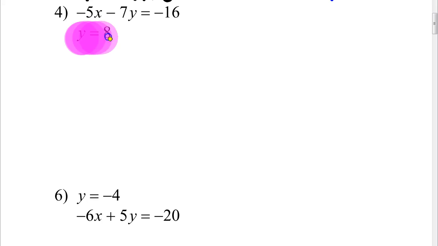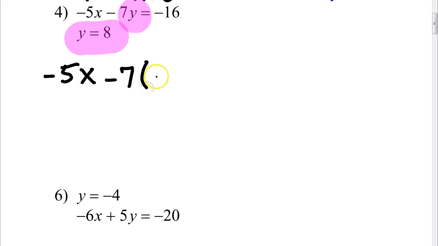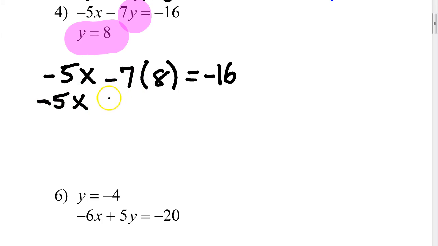Y is equal to 8. Negative 5 x minus 7 times 8 is negative 16. So we take some number, multiply by negative 5, and then subtract whatever 7 times 8 is, and the answer should be negative 16. Let's work this backwards. Instead of saying 7 times 8, let's call it 56.